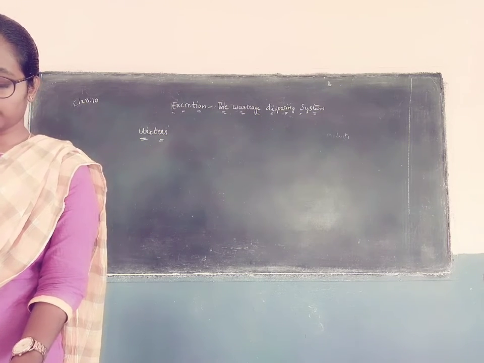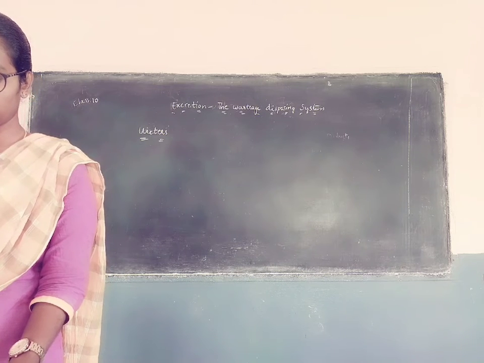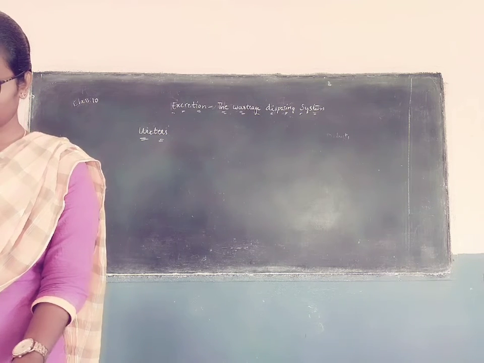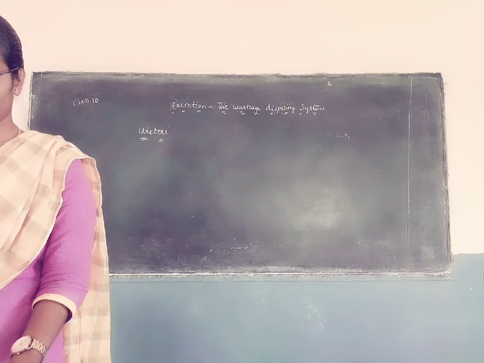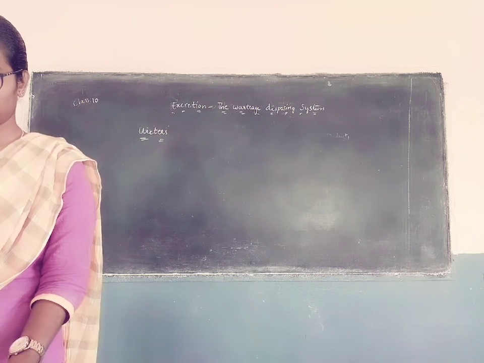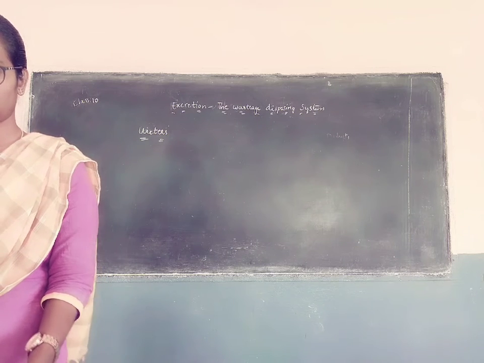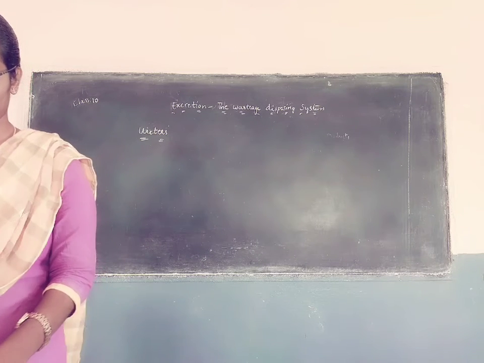Each ureter arises from hilus of the kidney. It moves downwards and obliquely opens into the urinary bladder. Ureter carries urine from the kidney to the urinary bladder. The movement of urine in the ureter is called peristalsis. Okay.